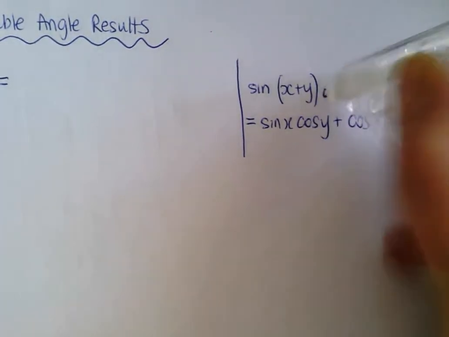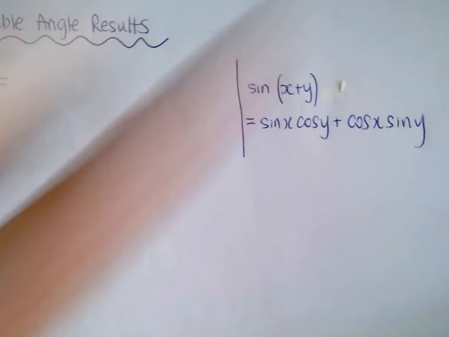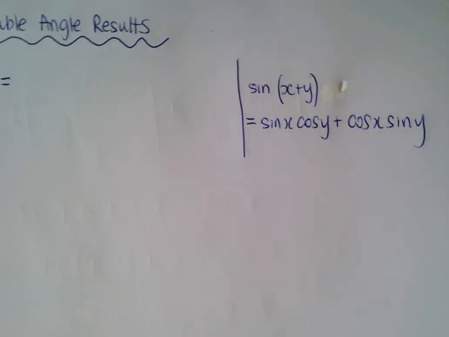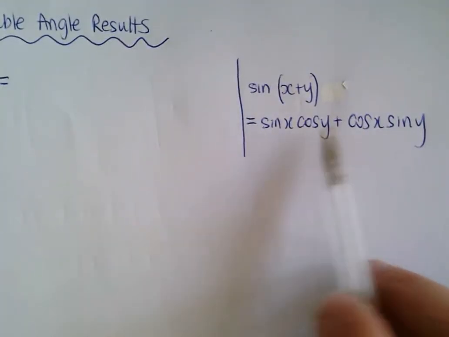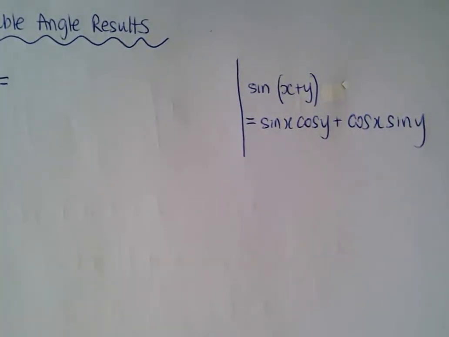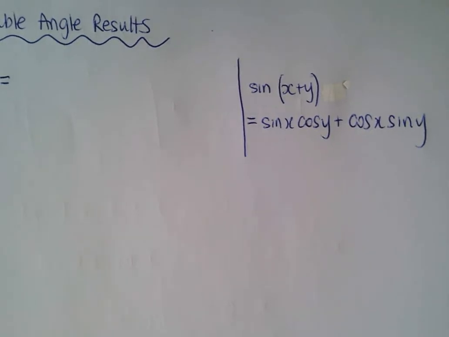Or I could do the result for sine 2x, for example. So remembering that sine of x plus y is sine x cos y plus cos x sine y. Remember, sine expansion is keep the sign the same, so the plus has got the plus, and it's the sine cos, cos sine one. Not like the cos one, which is the cos cos, sine sine one. All right?